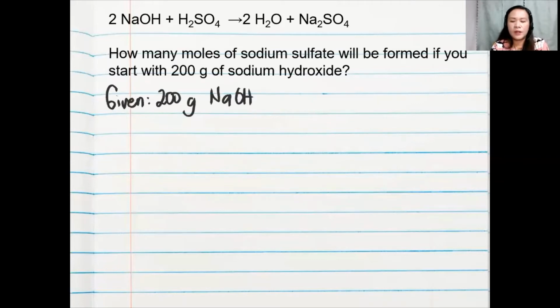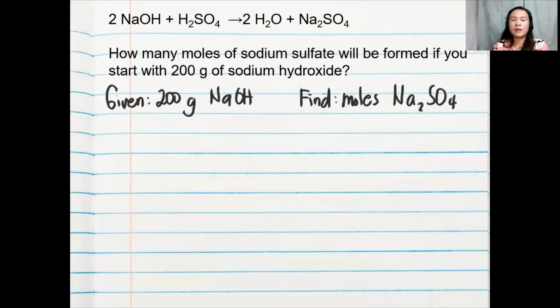Okay. And we need to find the moles of sodium sulfate. So that will be Na2SO4.